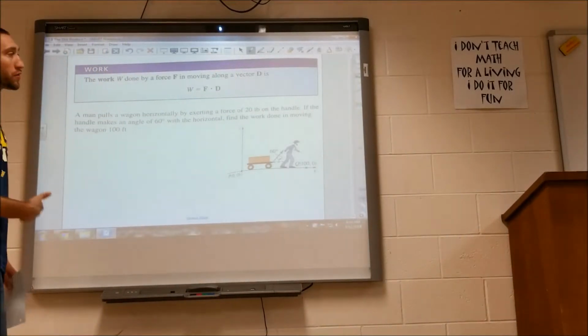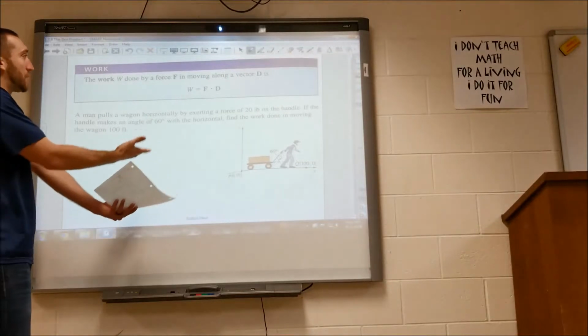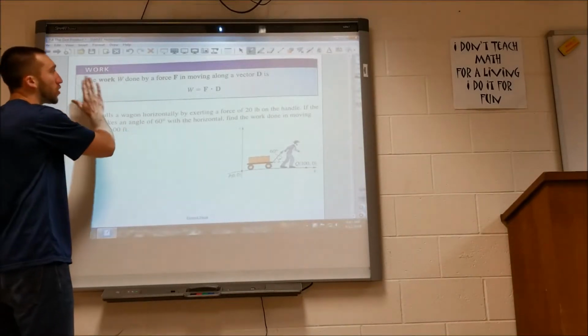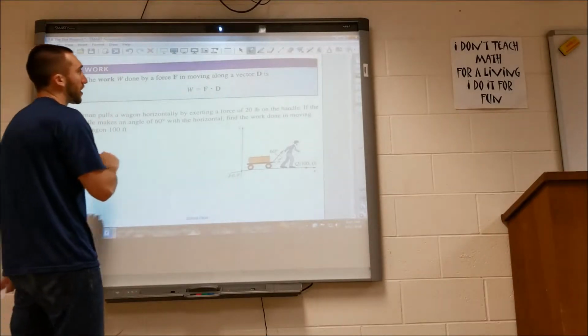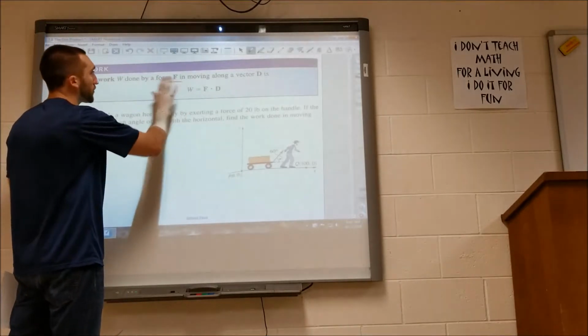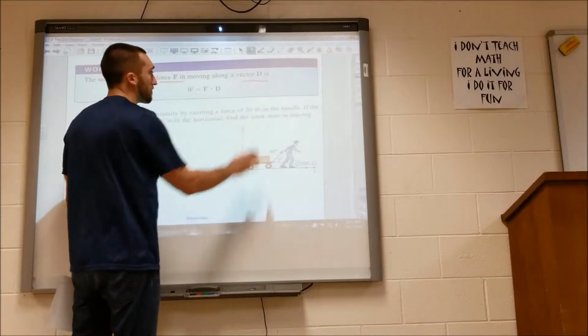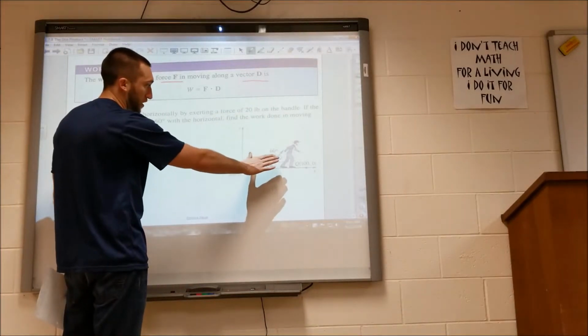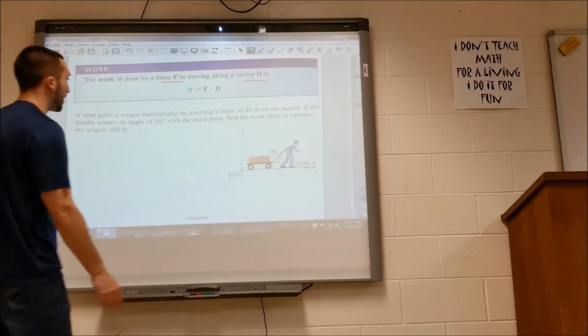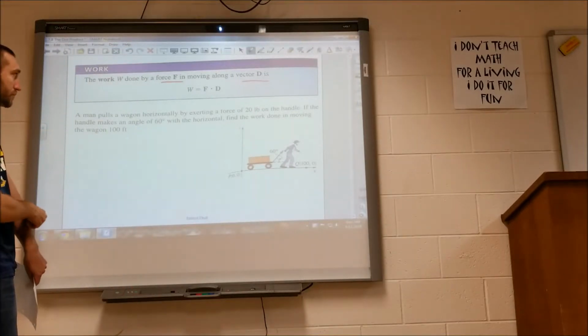Finally, the whole reason why we may want to do a dot product is to determine the amount of work done. Okay, and work is defined as the force moving along a vector D. So here we have a gentleman pulling a wagon.